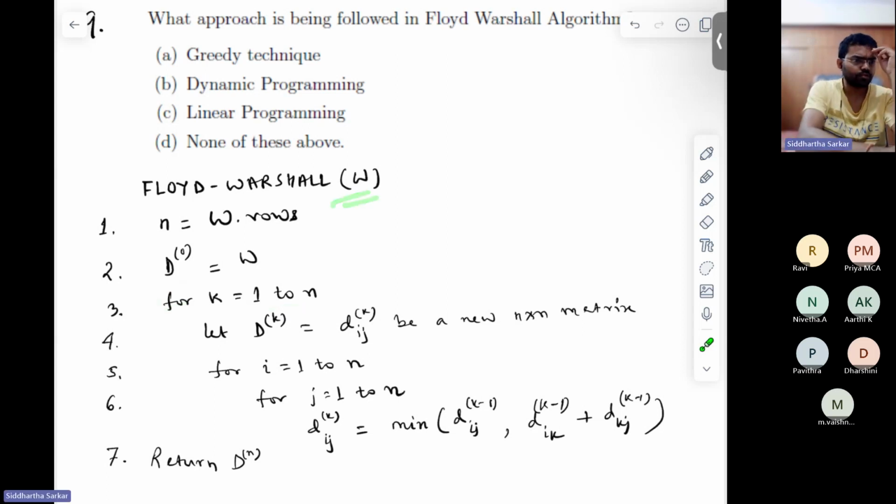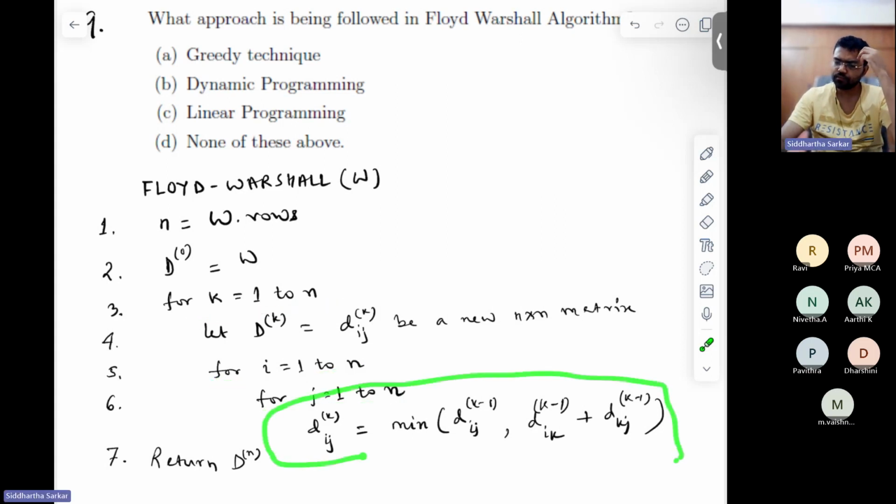What is W initialized to? Anyway, before that, there are three for loops nested, each of them running n times. Let's see what this step is essentially doing.